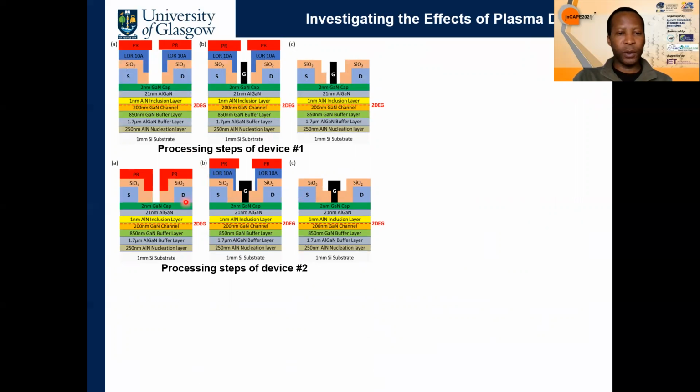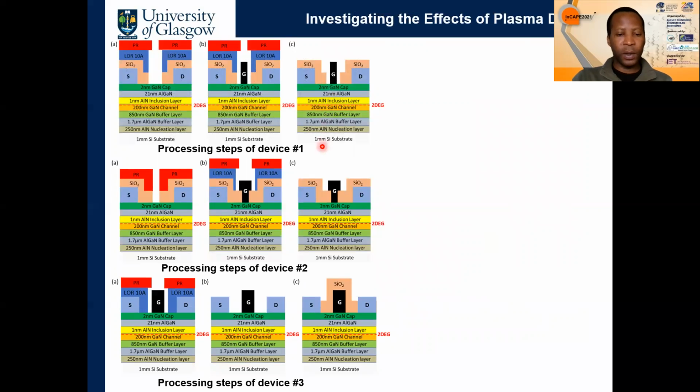The difference between device 2 and device 1 is that two different photolithography steps were used, one to etch the silicon dioxide and the other for the gate metal deposition. This results in an area where the gate completely fills the etched area, compared to device 1, where there are gaps left between the gates and the etched region.